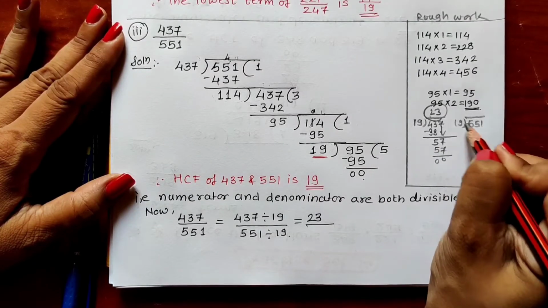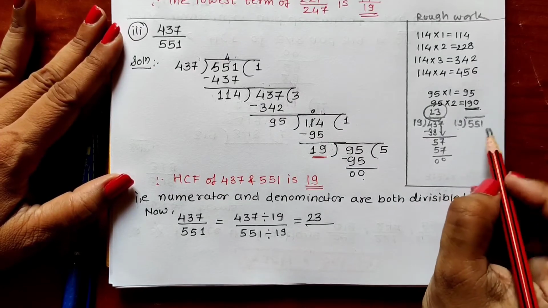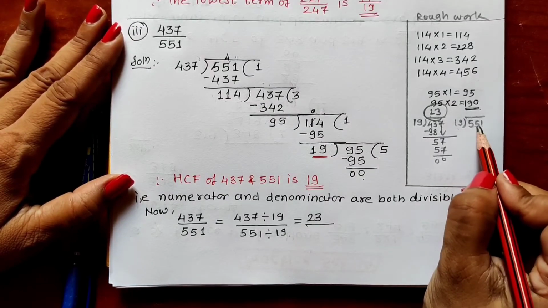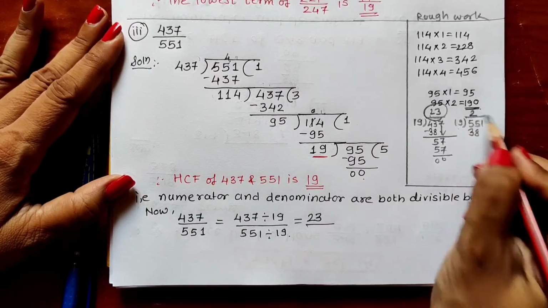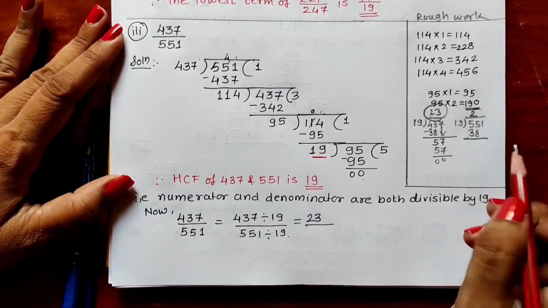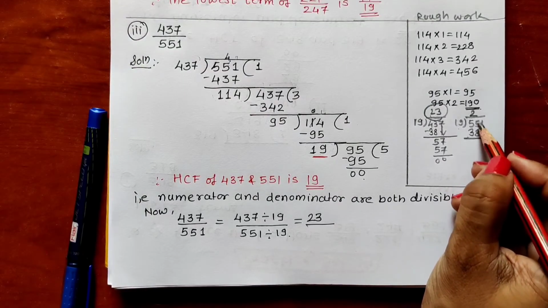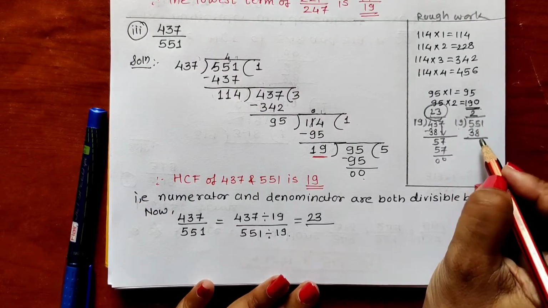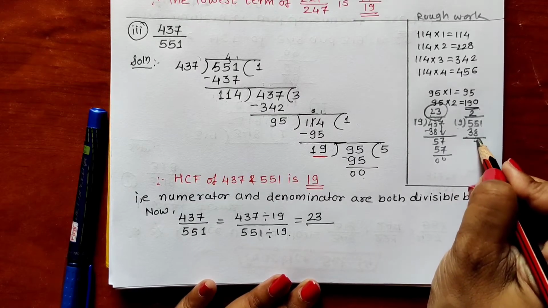Now divide 551 by 19. 19 ones are 19. 19 twos are 38. 19 threes are 57. 57 is bigger than 55. So we have to write 19 twos are 38. 55 minus 38. 5 minus 8 cannot be done. So 15 minus 8. What will be the answer? 7.